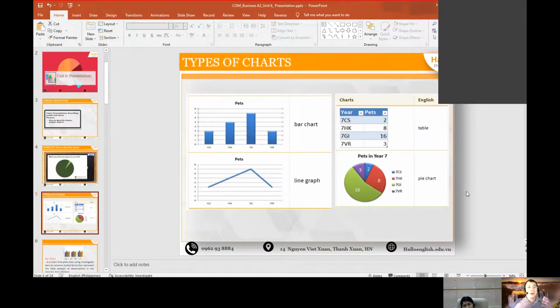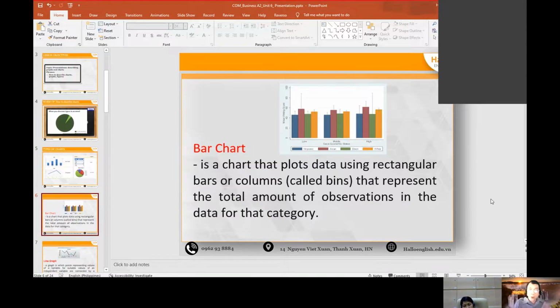Now, let's try to understand the types of charts. So if you can see, this one is what we call a bar graph. When we say a bar graph, what does it mean? Toy, can you read this one?